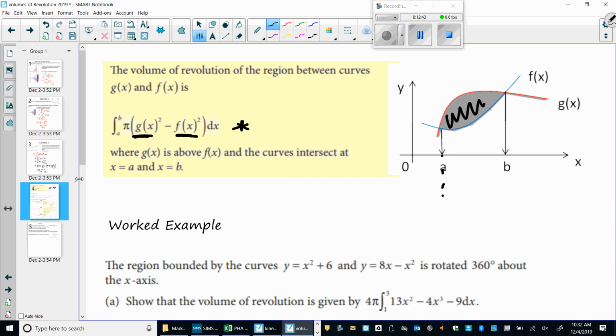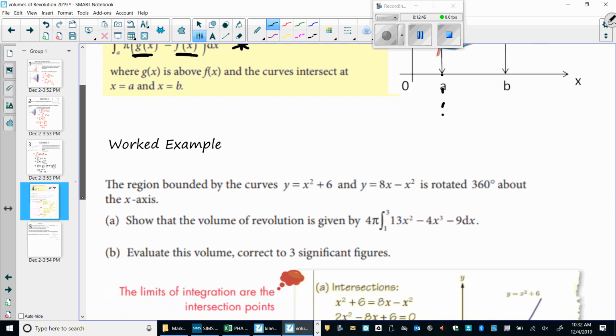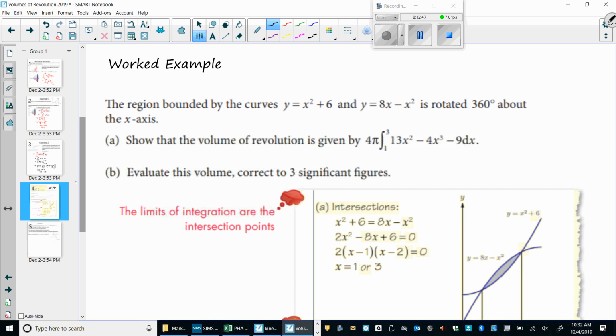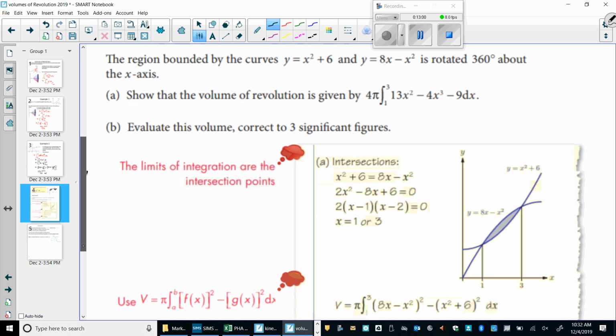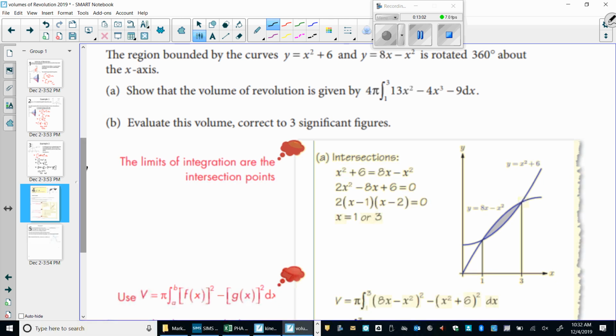This is a worked example, so you don't have to write anything, but I thought it's just good to have something. So we've got y equals x squared plus 6, y equals x minus x squared. We've got a little diagram there to see which one is on the top. Now they've asked to show that. Remember, for show that questions, it's actually quite nice because you get to do what you would normally do, but you know what the answer is supposed to be.